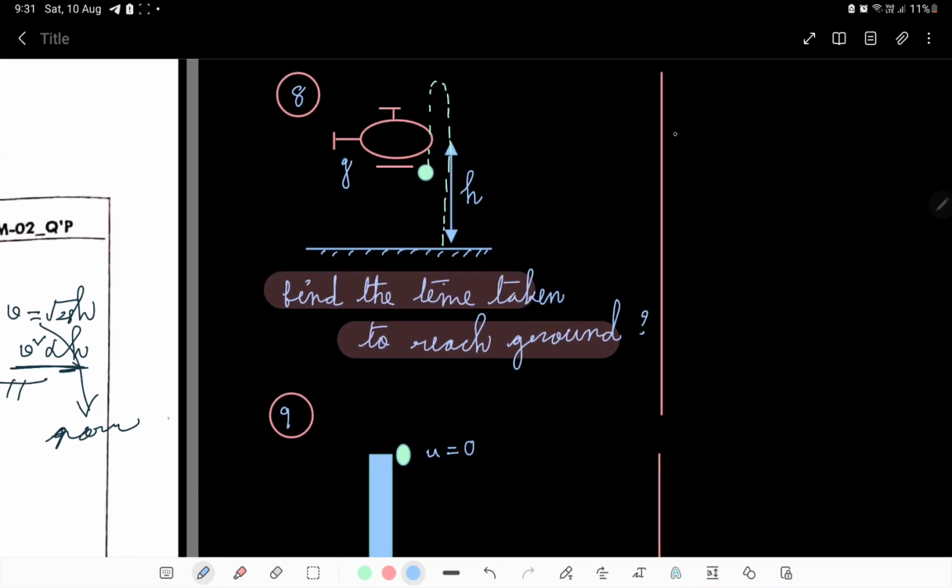Therefore, you can write this equation with the kinematic equation S = ut + (1/2)at².